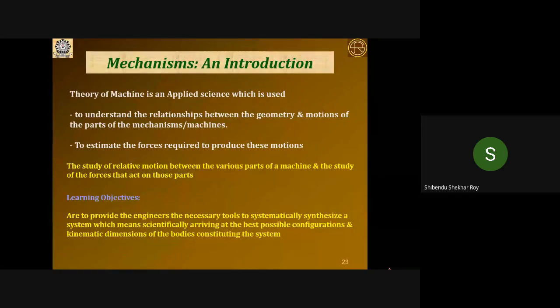The learning objective is to provide engineers the necessary tools which can systematically synthesize the system, which means scientifically you can arrive at the best possible configuration of the mechanism, and you can find out certain dimensions, not all, here the kinematic dimensions of the bodies constituting that particular system. Keeping in mind this learning objective, we would like to start here with the fundamentals of a mechanism, or the building block of a mechanism.